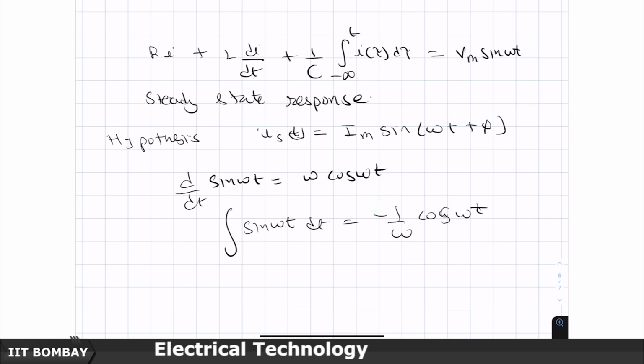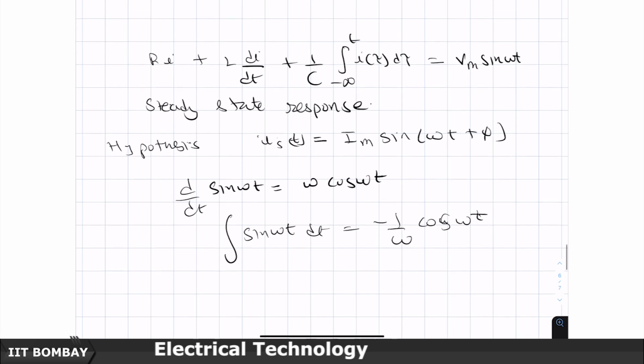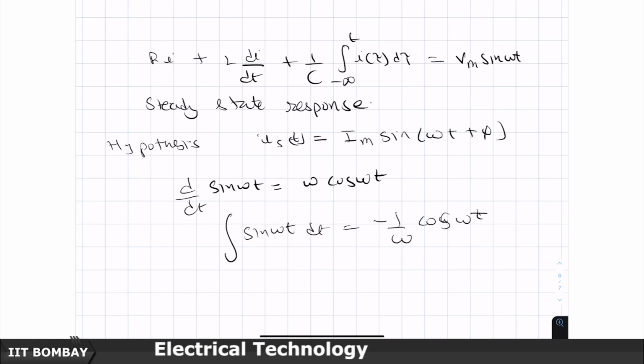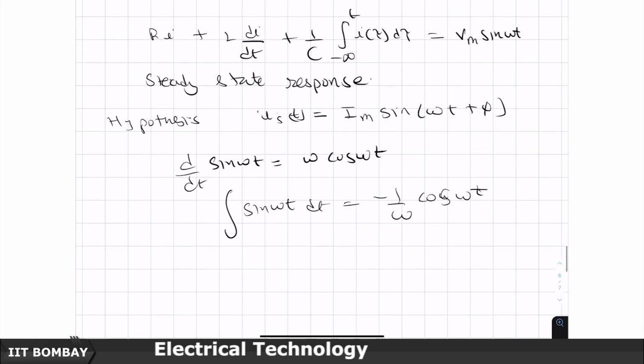So, integrating a sine or a cosine again creates the same shape, but this time it is scaled down by omega. When you differentiate, it is scaled up by omega. So, therefore, the idea is that a sinusoid is a good idea here, because sinusoids preserve sines and cosines.